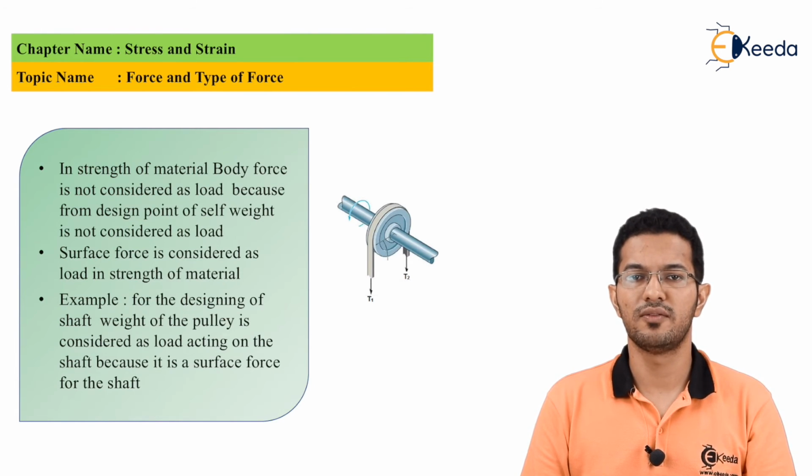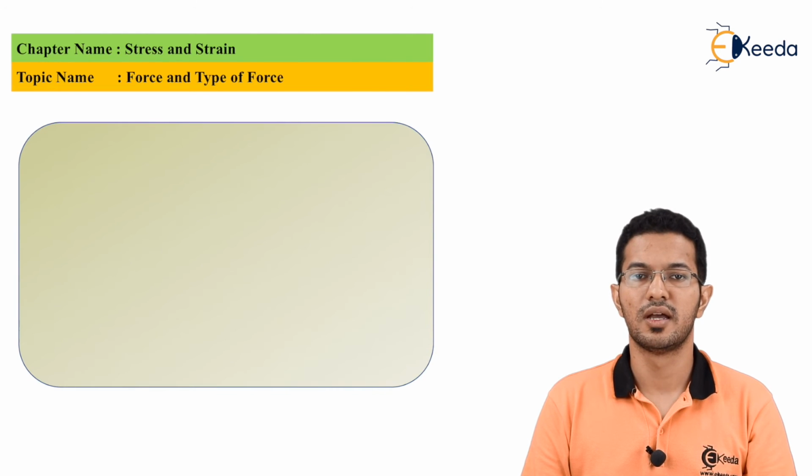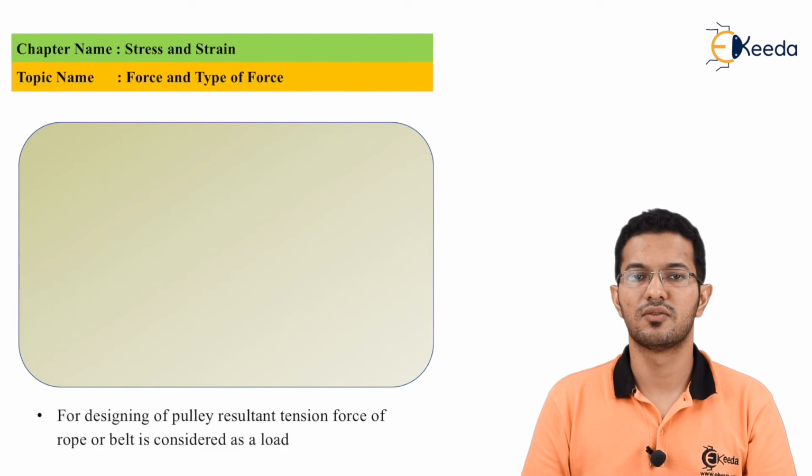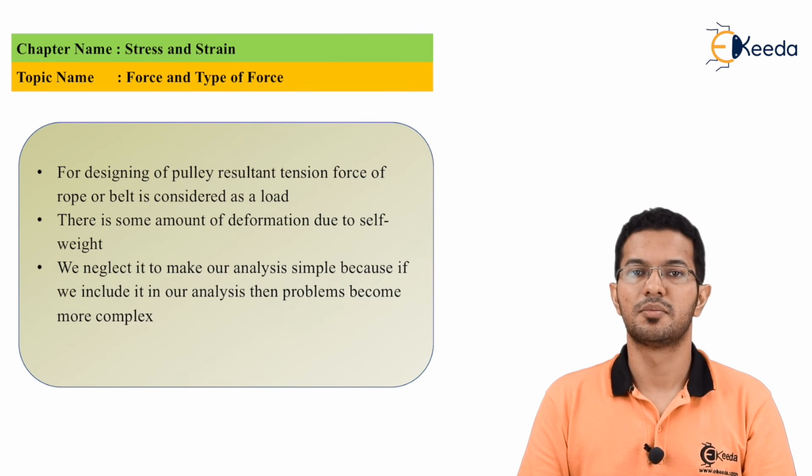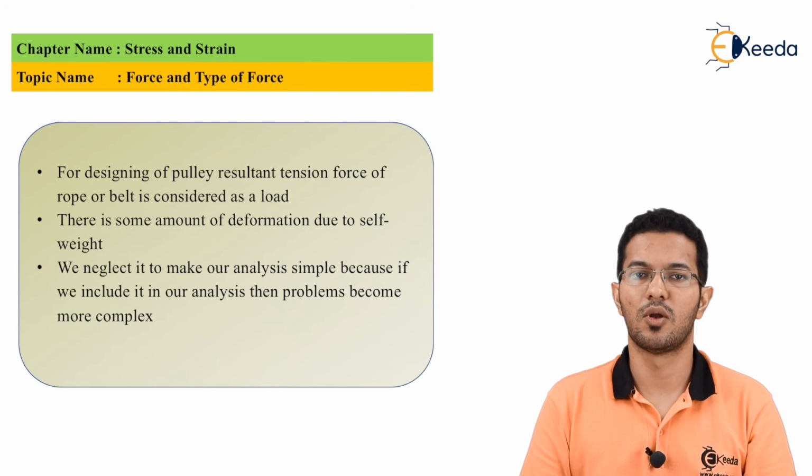Now, if the body force is not considered as a load, it may be a part of the reason for the failure of the body. First, let me make the concept clear that failure doesn't only mean the breaking of a part or material in engineering. It is the displacement of molecules from their position, and it shows that the body is moving towards permanent failure. Let's take an example of a rubber block hung from the ceiling.